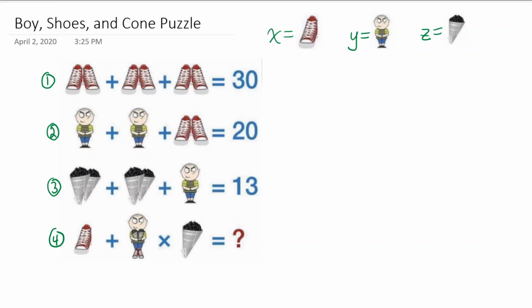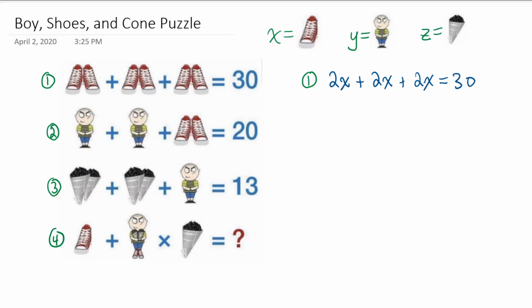All right, now let's create equations using the variables. Looking at equation 1, I'm now going to express it with my variables. So I've got my two shoes, 2x, plus another two shoes, plus my last pair of shoes, and that all equals 30.